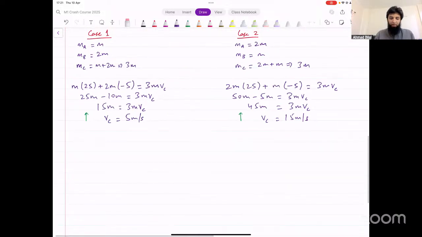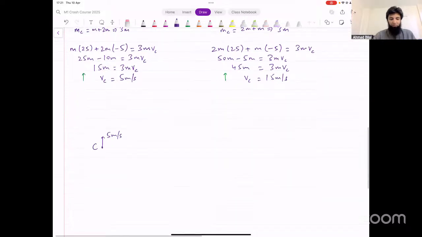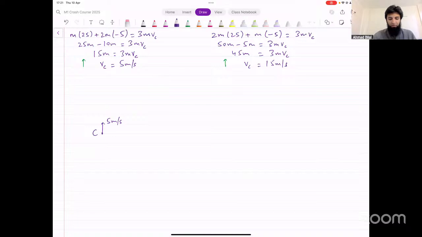Now, let's look at the first case. After the collision has happened, let's say this is the combined particle C. Now we know that C starts moving in the upwards direction at 5 meters per second. And now at some point it's going to start coming down, right? So it goes up for a while and then it will go down like this.